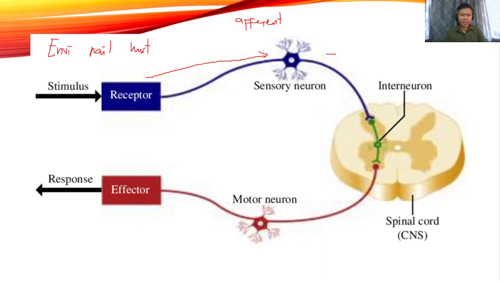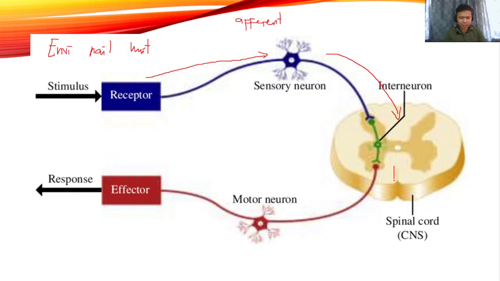Then your sensory neuron will send it to your central nervous system, to your brain, and your brain will interpret it that you need to remove your foot from that particular area as it is already hurt, to prevent it from worsening.